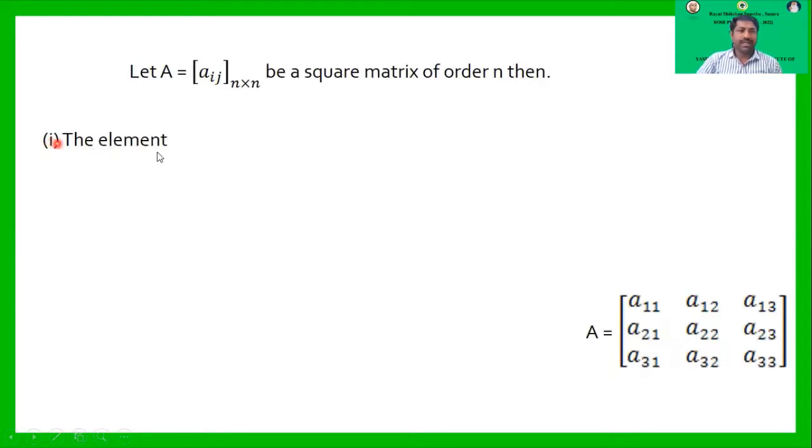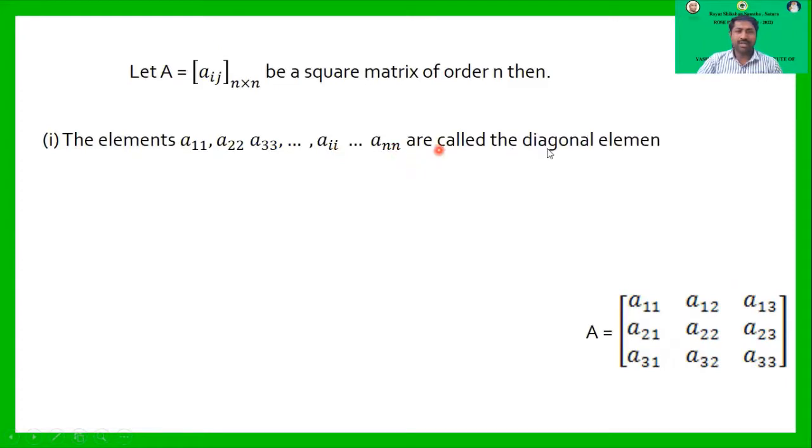Now first, the elements A11, A22, A33, Aii up to Ann are called the diagonal elements of matrix A. So all these are diagonal elements.